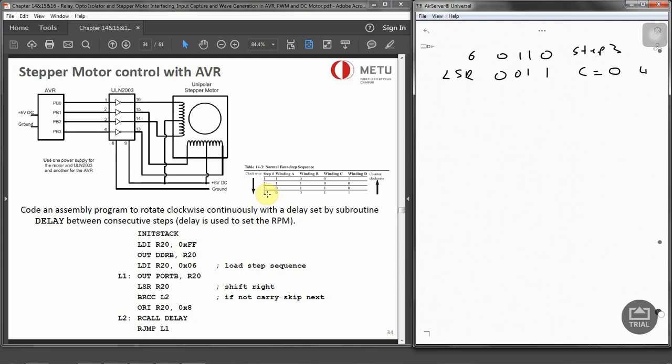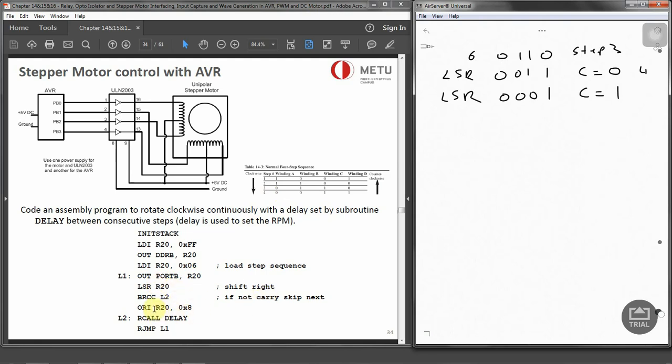And when we load that one, we perform another logical shift right. So this time, this is going to be 0, 0, 0, 1, and the carry is 1. That means the carry is set.